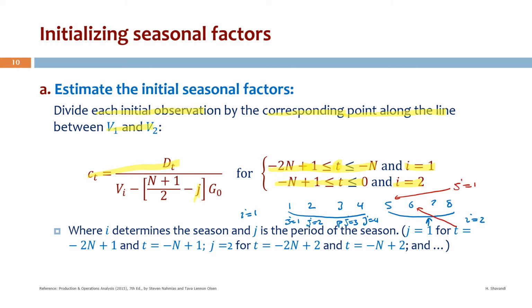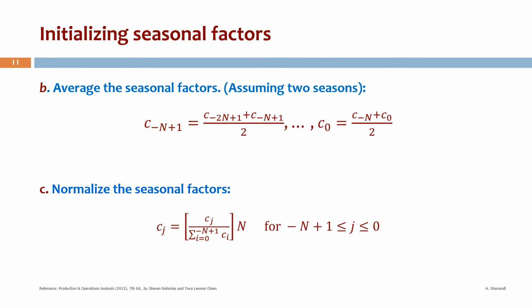For 6, j will be 2, right? The number of the period in the season. Okay, so by having this, we can easily obtain the initial seasonal factors.